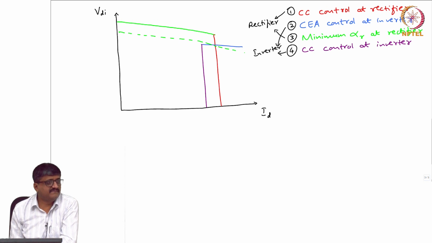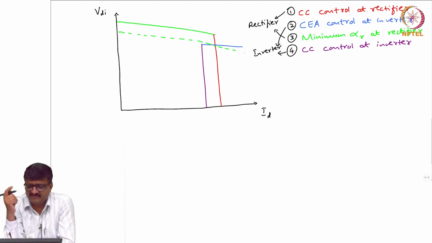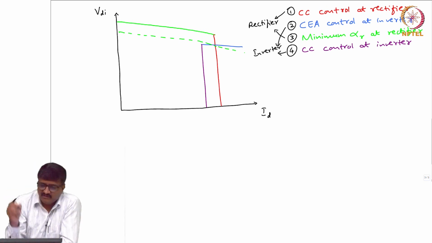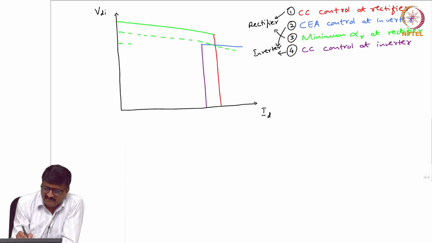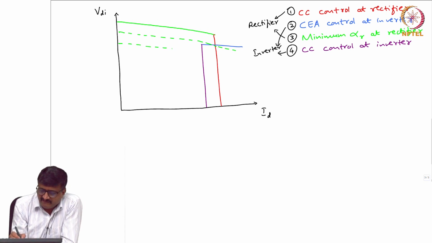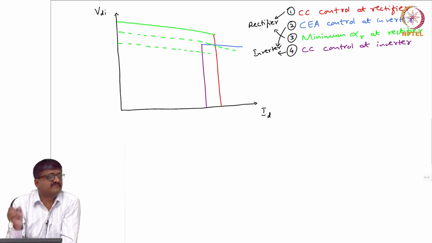Now, you see that the current ID has reduced. Earlier the point of operation was the intersection of blue and red; now it is the new green and blue. Now, if there is a further deterioration, then the green one will not intersect the blue curve, it will intersect the purple curve.